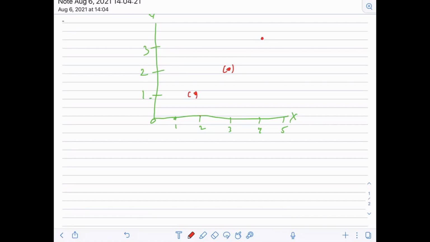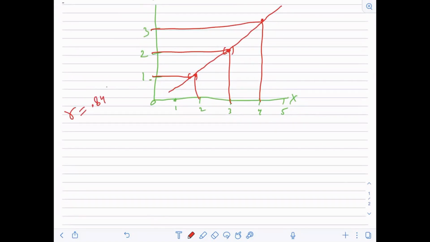So what sort of relationship can you see? It shows that there is actually a positive relationship. When you draw this graph, it shows a positive relationship, even though your R is approximately 0.84, which is close to 0.9 and says it's a good relationship.